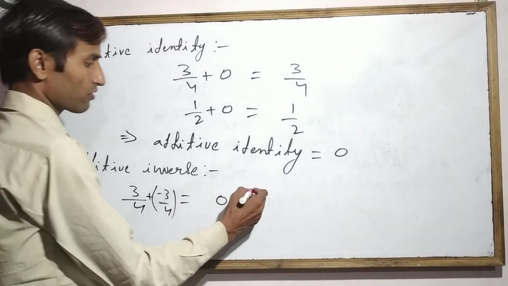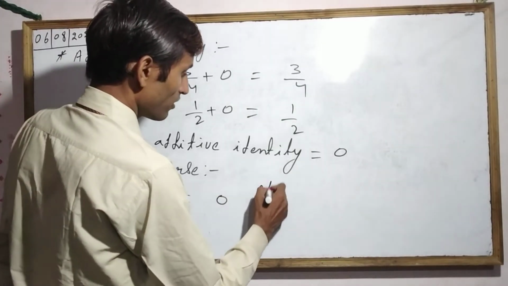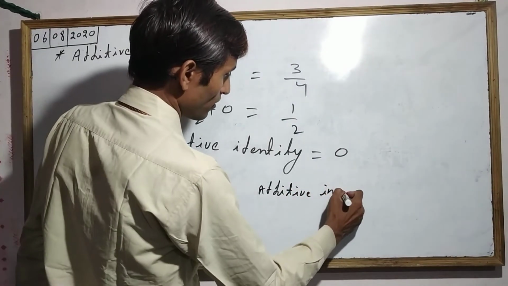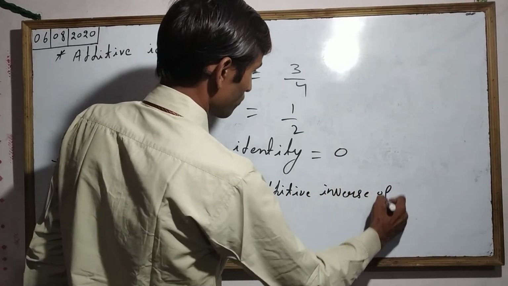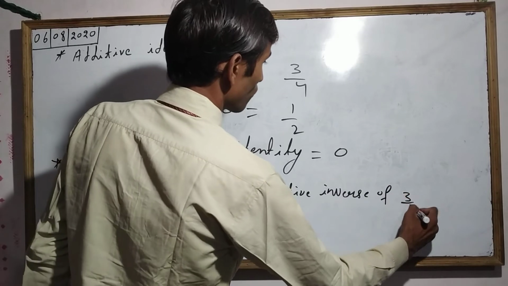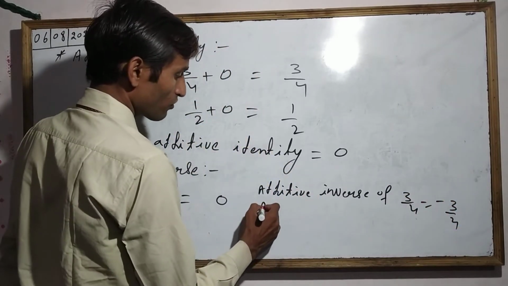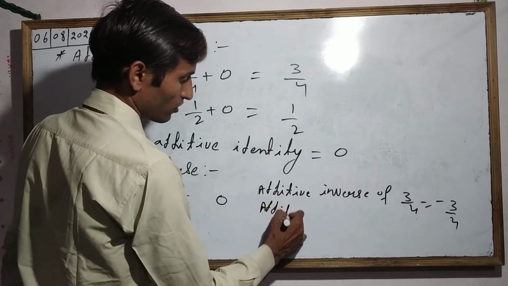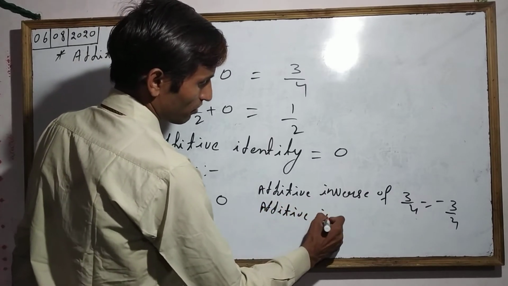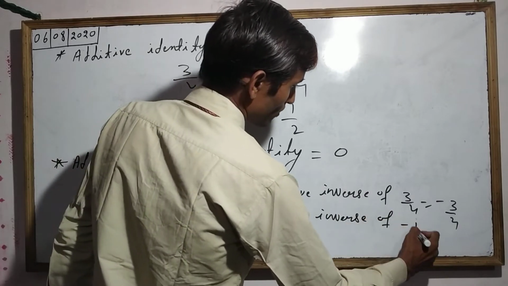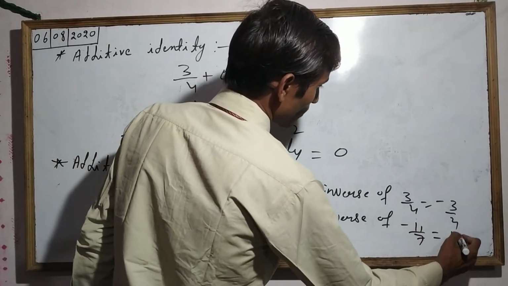So the additive inverse of 3 upon 4 is equal to minus 3 upon 4. Or next, we find the additive inverse of minus 11 upon 7, then the answer will be 11 upon 7.